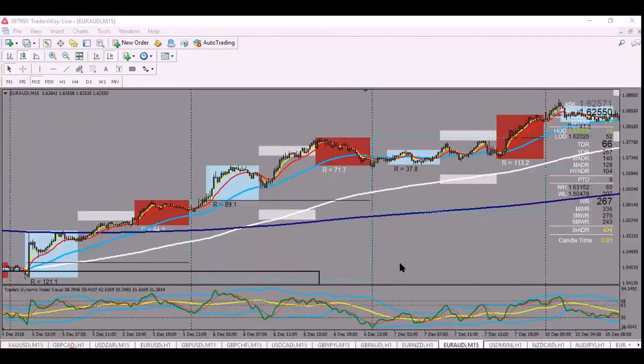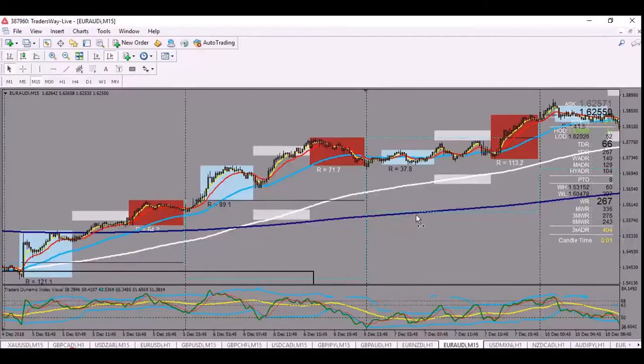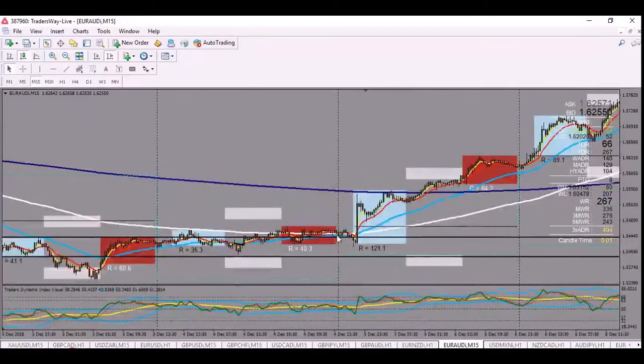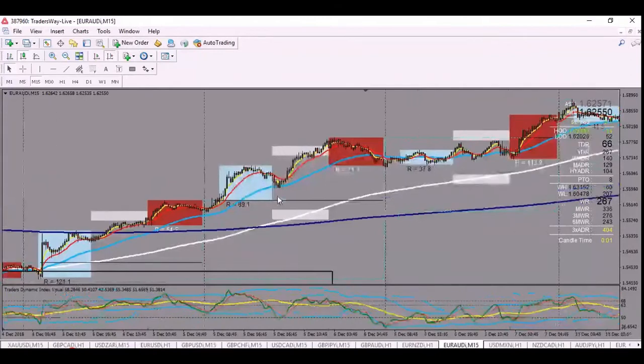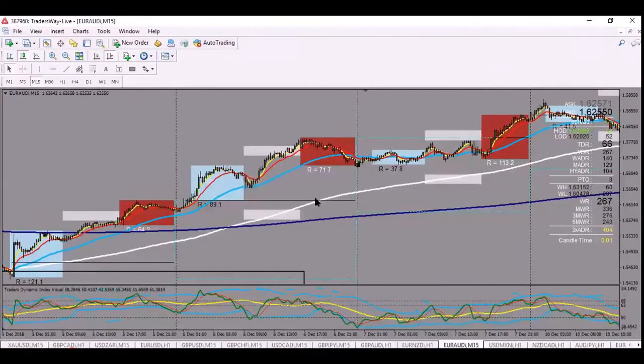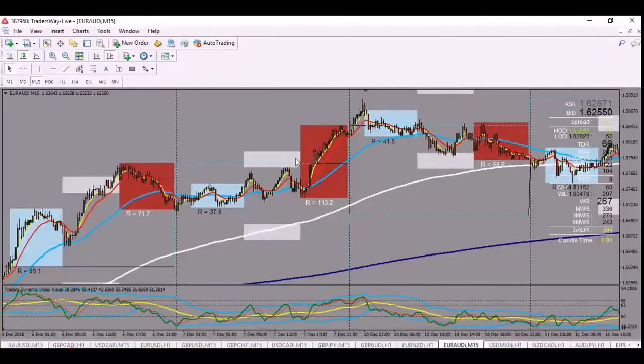And understand that we had one day, this is our second day of rise. Here's our third day. So we know the cycle's not done yet.